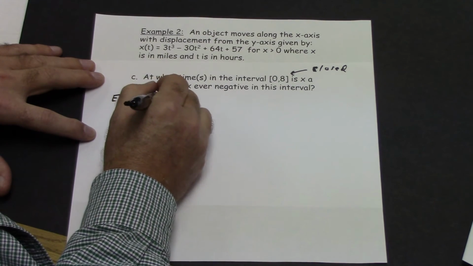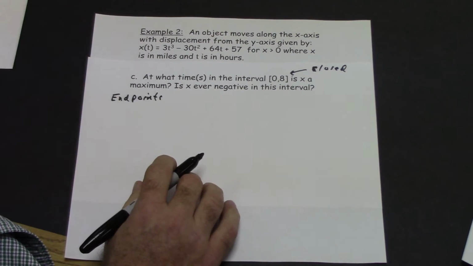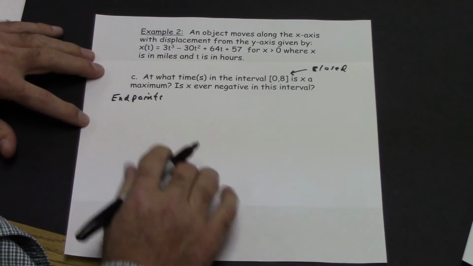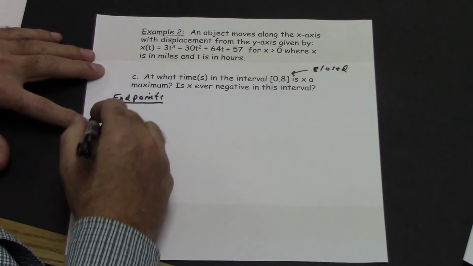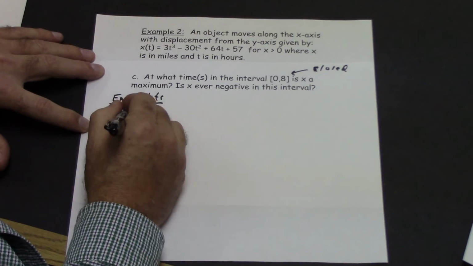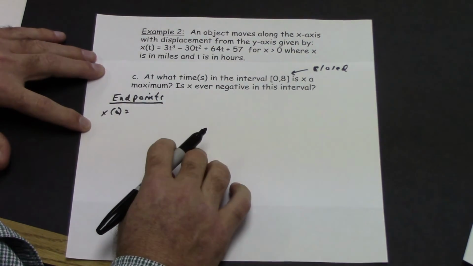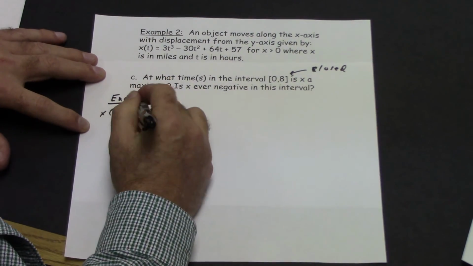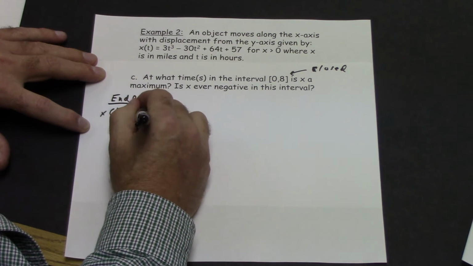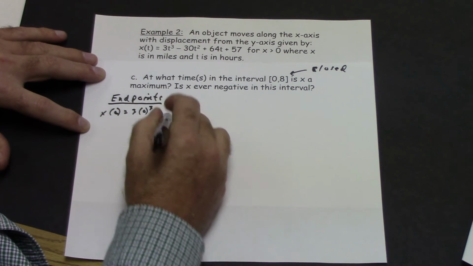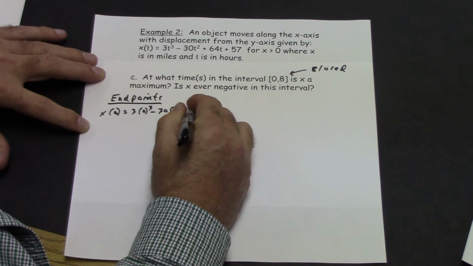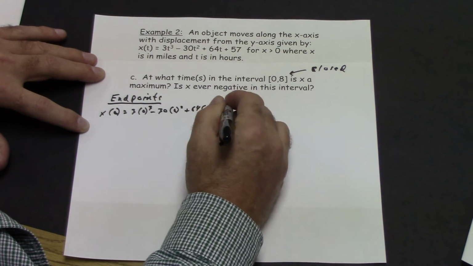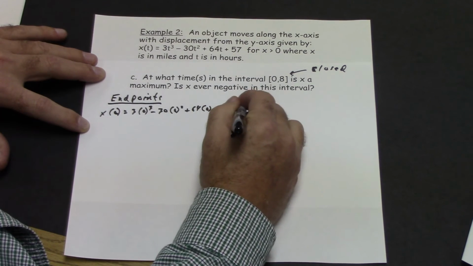Now to get the endpoints, let's take the 0, substitute it into our position function, and let's see what we get. That'll be x of 0. This will be 3 times 0 cubed minus 30 times 0 squared plus 64 times 0 plus 57.